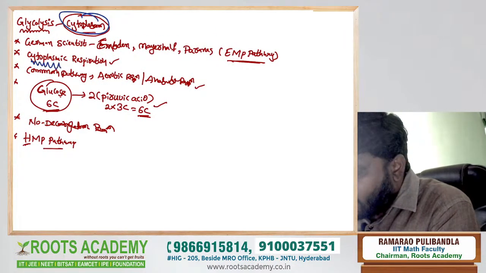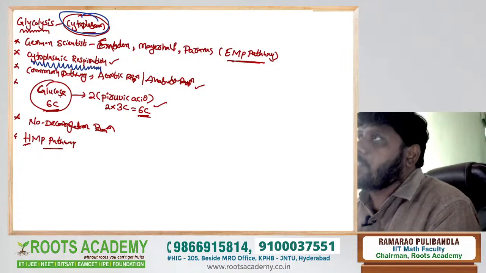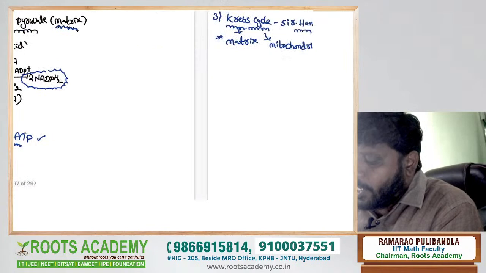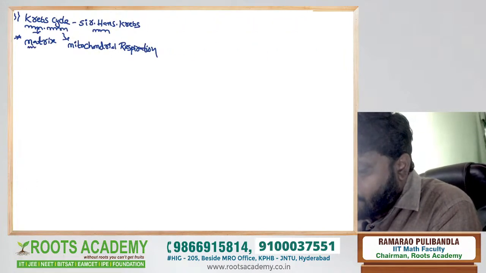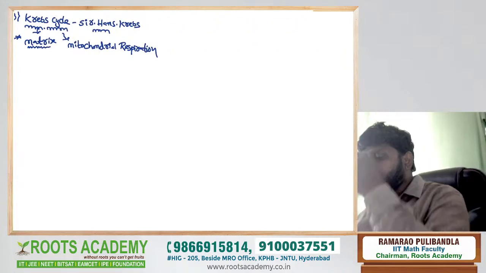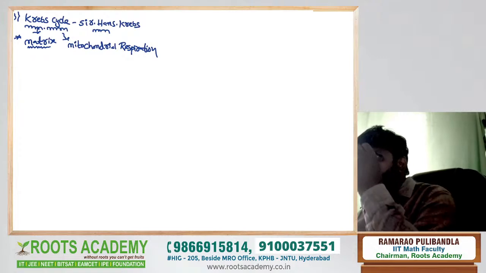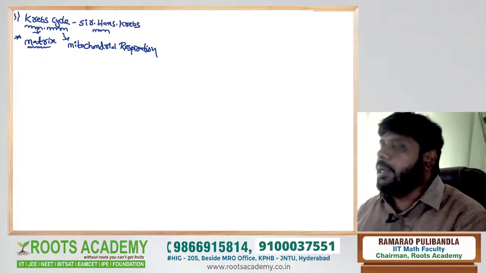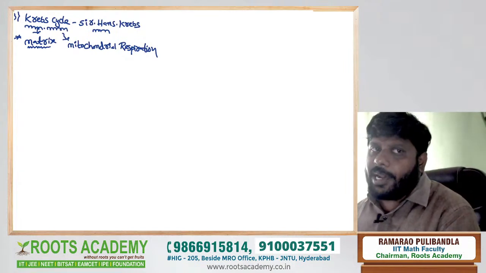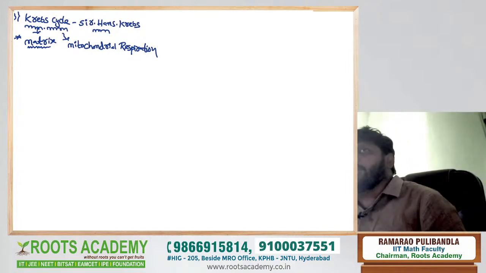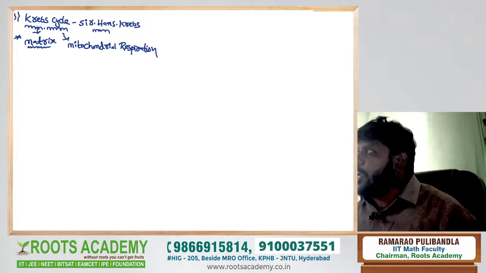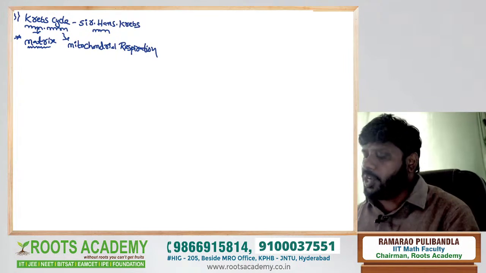That's why glycolysis is called cytoplasmic respiration. But the Krebs cycle takes place in the mitochondrial matrix, so it is called mitochondrial respiration. Sir Hans Krebs discovered it, so it is called the Krebs cycle.